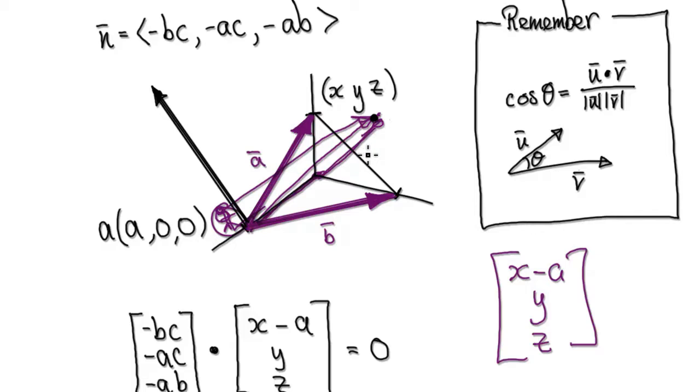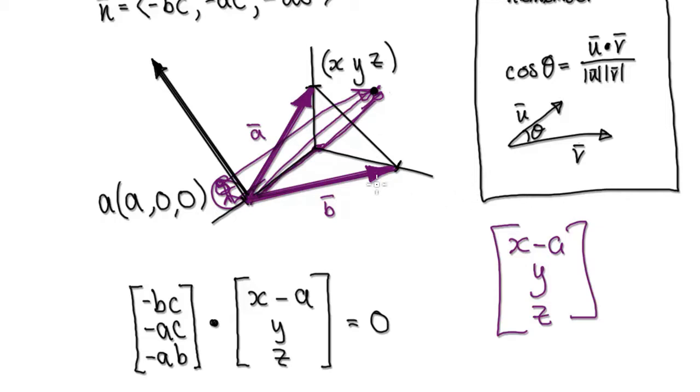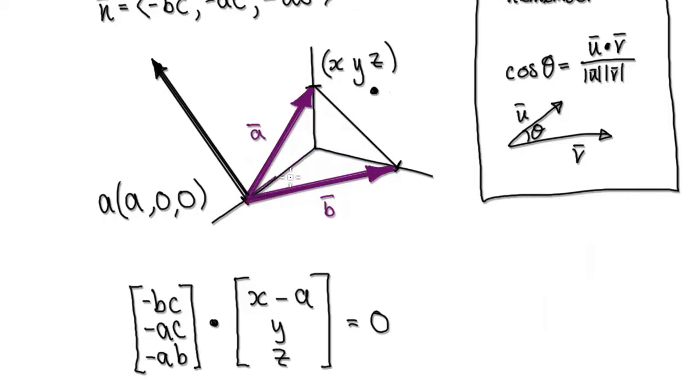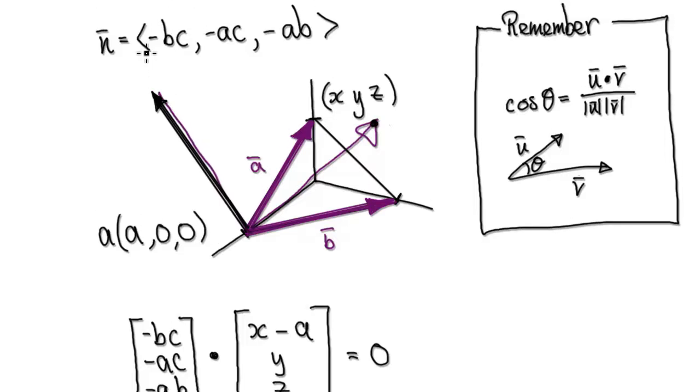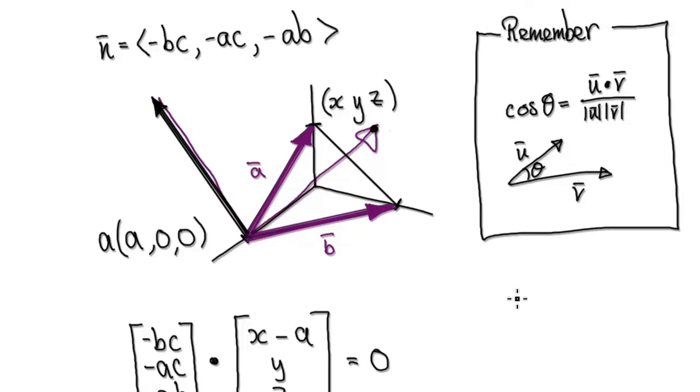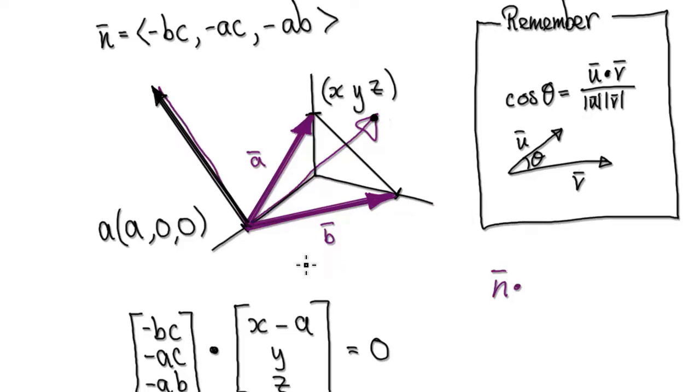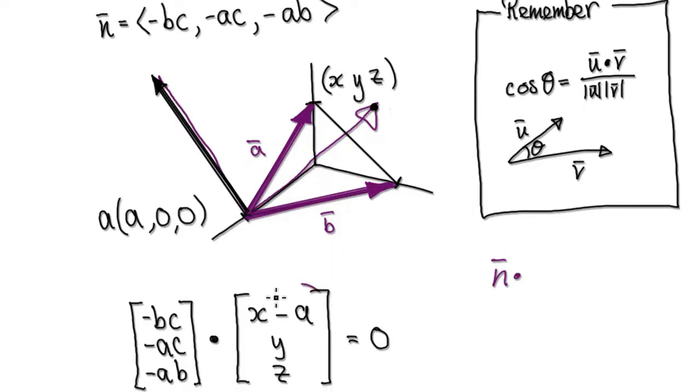So to describe the plane, we demand that our general vector here be at 90 degrees to the normal vector. And we've done this before. To describe a plane, you need to demand that when you take the dot product of the normal vector and this general vector, the dot product of the two vectors is equal to 0.